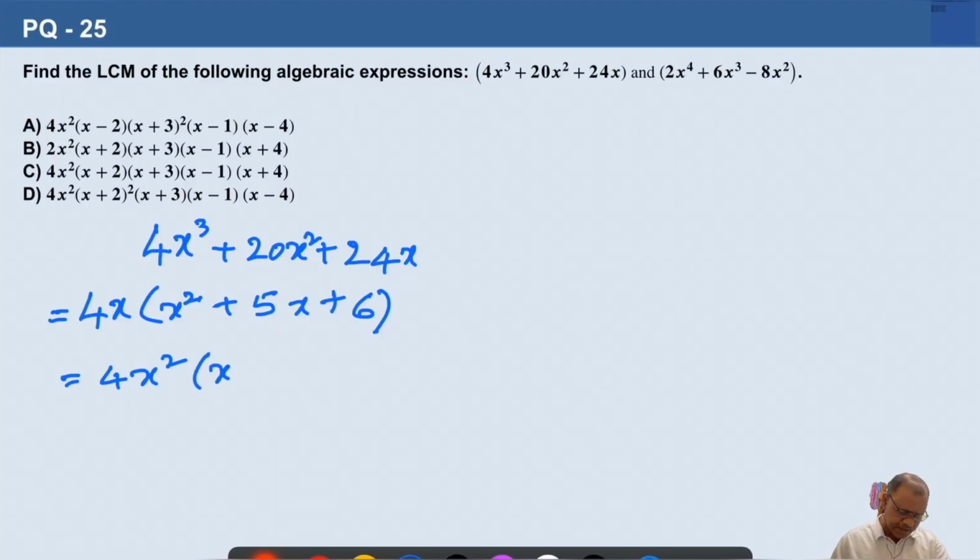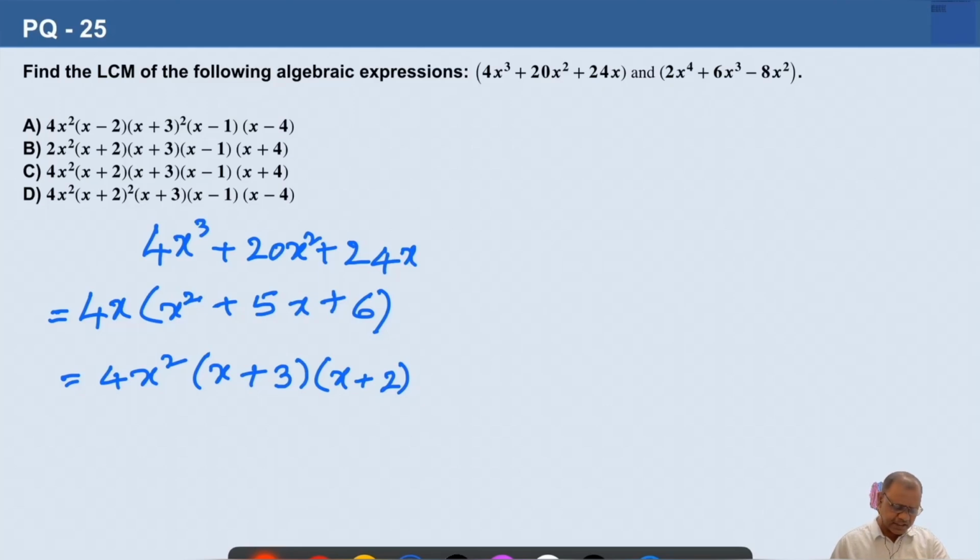So this can be written as x plus or minus something and x plus or minus something. We should write two numbers beside x such that their sum is the coefficient of the middle term and product is the constant term 6. If you choose such numbers, we will get 3 and 2, plus 3 and plus 2. Their sum is plus 5 and product is plus 6. So the factors of x square plus 5x plus 6 are x plus 3 and x plus 2.